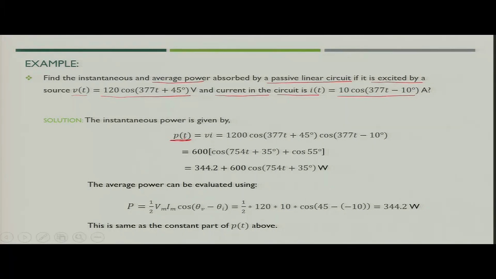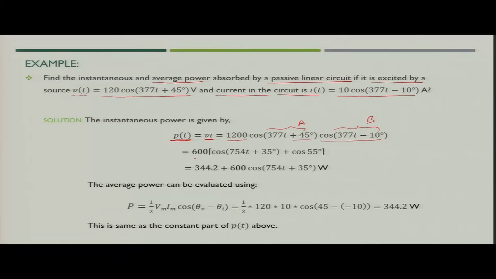Instantaneous power p(t) can be given as the multiplication of instantaneous voltage and current. So, here you can simply put the value of V and I. You will get 1200 cos(377 t plus 45 degrees) into cos(377 t minus 10 degrees). Again, as we discussed previously, this is A and this is B. You can utilize cos A cos B, which is nothing but 1 by 2 [cos(A plus B) plus cos(A minus B)].